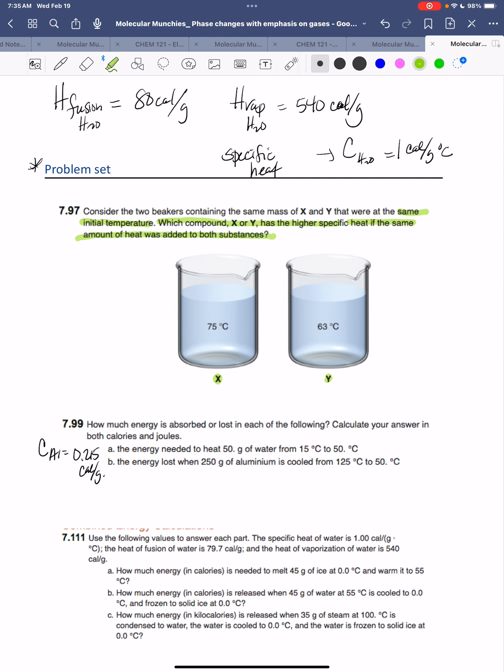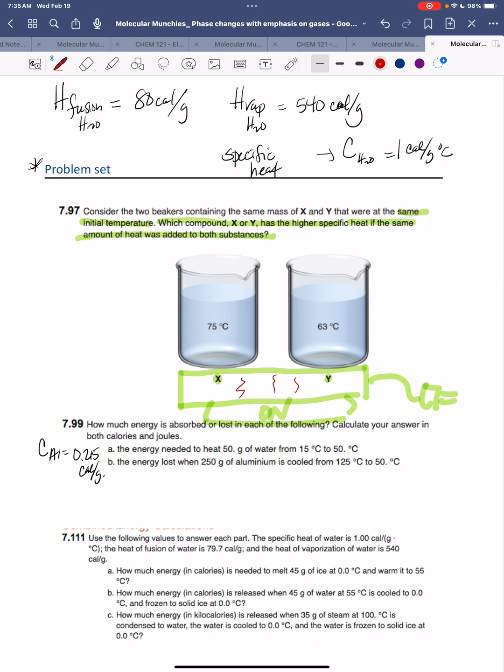Essentially, it's like we put that on that hot plate we were talking about before, and we turned it on, and we plugged it in, and we just added energy, like we talked about with the ice before. So we add energy, and they heat at different rates. So one heats more easily than the other.